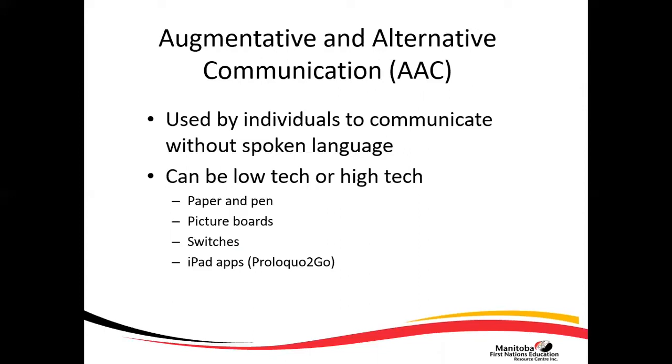So AAC can be low tech or high tech. So low tech devices include paper and pen, picture boards. We also have switches, and high tech devices are more like Proloquo2Go, which is an app on the iPad.